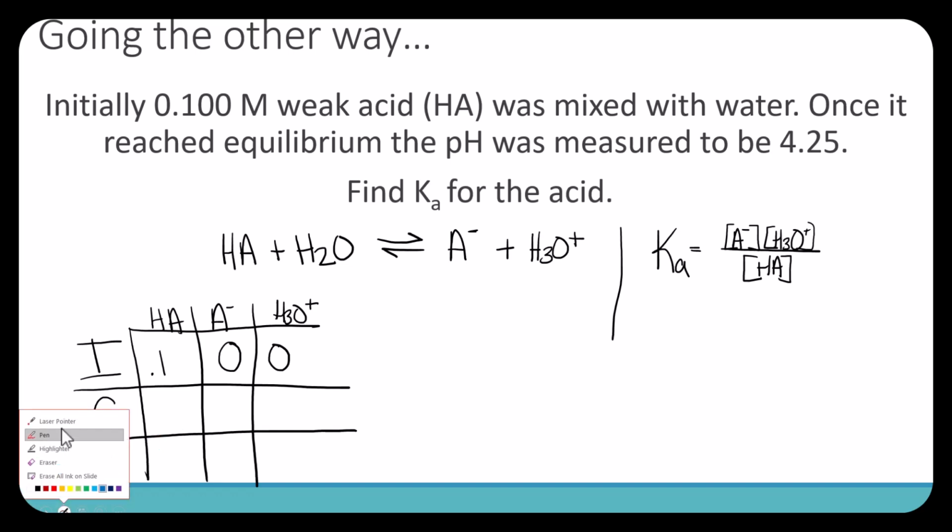If our ICE table is filled in with numbers, we must have at least one of the values at equilibrium. Then we can kind of reverse engineer to fill the rest of the table out with numbers. So how are we going to get one of these values at equilibrium? Well, it tells us once it reached equilibrium, the pH was 4.25.